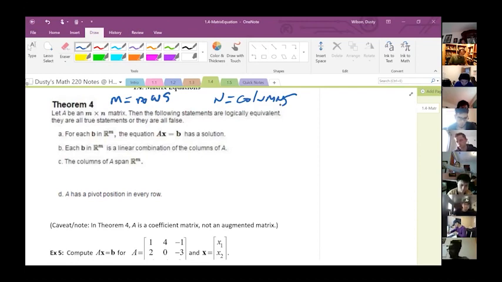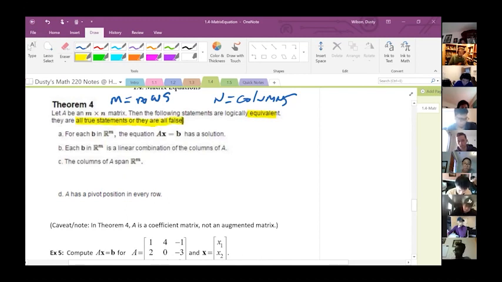So for each B in Rm, the equation AX equals B has a solution. Each B in Rm is a linear combination of the columns of A, and the columns of A span Rm. So these are equivalent statements, all true or all false.